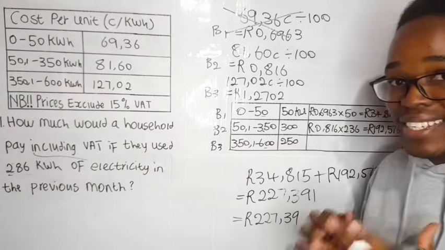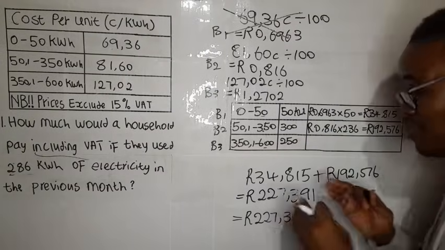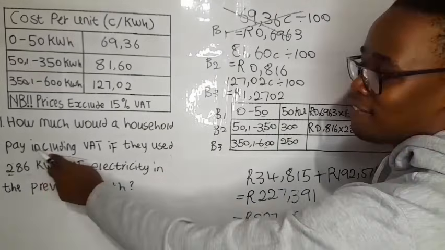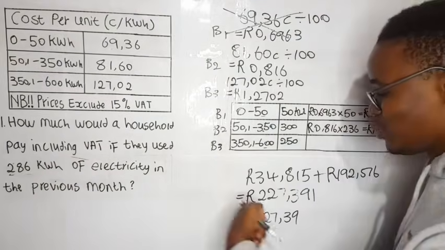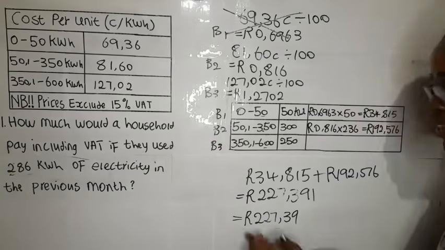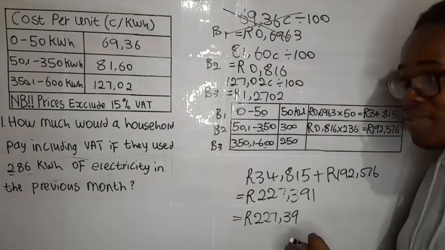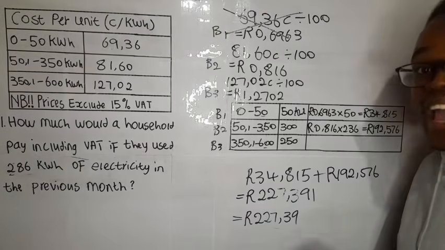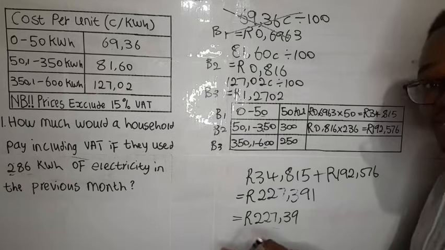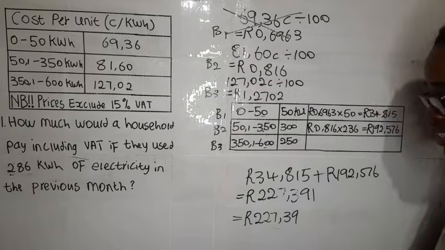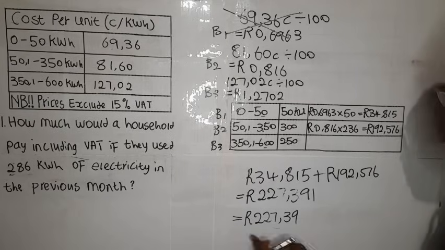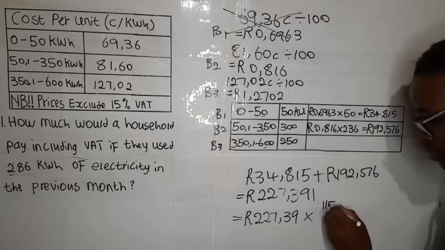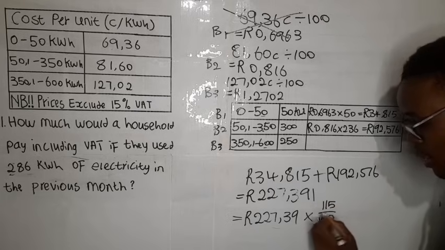But you are not done, because if you remember very carefully, the question said that you should include VAT on the amount that they're going to charge this household. So this is the amount that they're going to charge them, but it does not have 15% VAT included in it. So you have to add the 15%. And how do we do that? You just say this amount multiplied by 115 over 100.